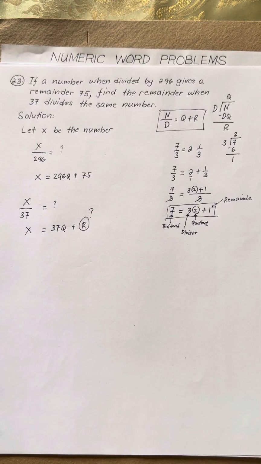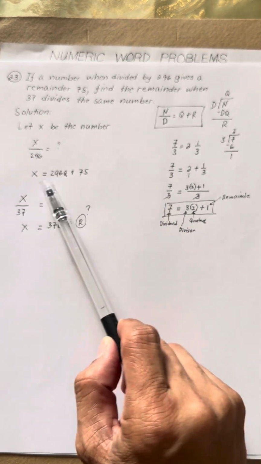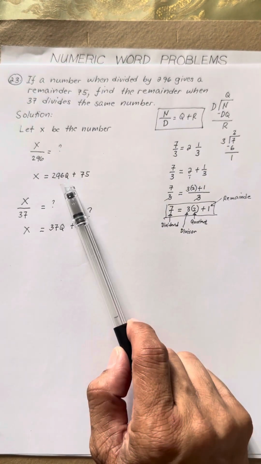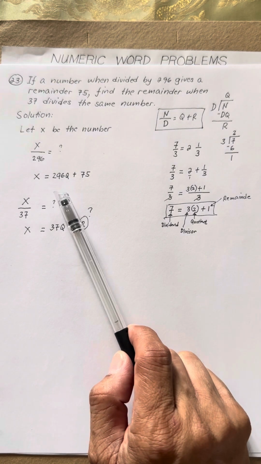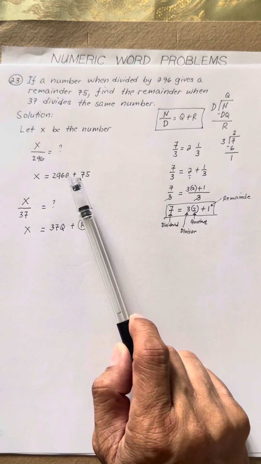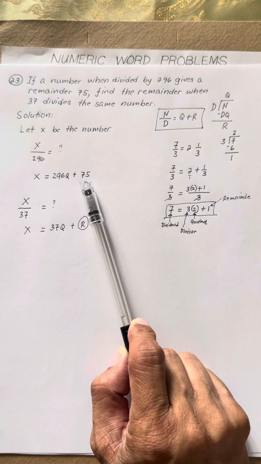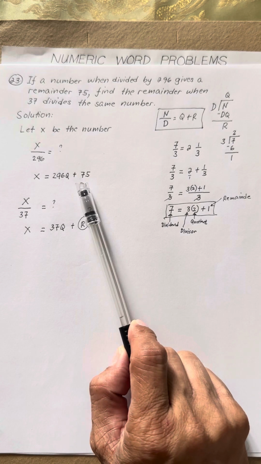the q is the quotient when x is divided by 296. In the above sentence, we have 296 from this mathematical expression. We have 296 multiplied by the constant q, and 75 is added to that as the remainder.